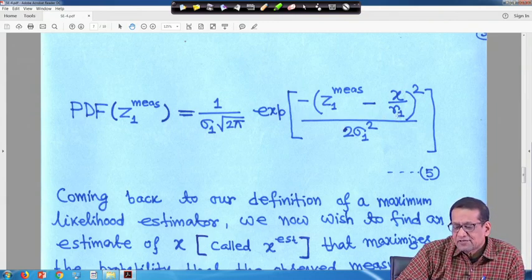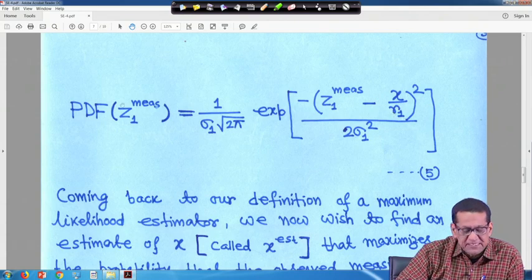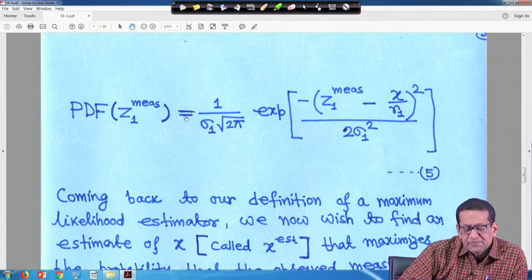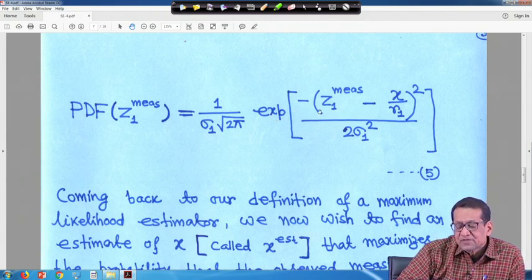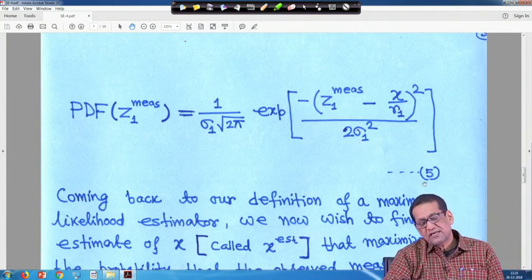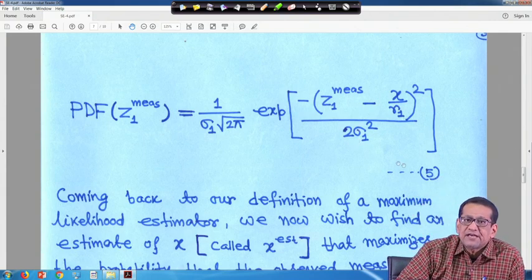So volt by resistance R gives ampere. Z true is actually x upon R1, and this term is replaced by x upon R1. That means my PDF of Z1 measure is equal to 1 upon sigma 1 root 2 pi e to the power minus bracket Z1 measure minus x upon R1 whole square upon 2 sigma 1 square. This is equation 5.